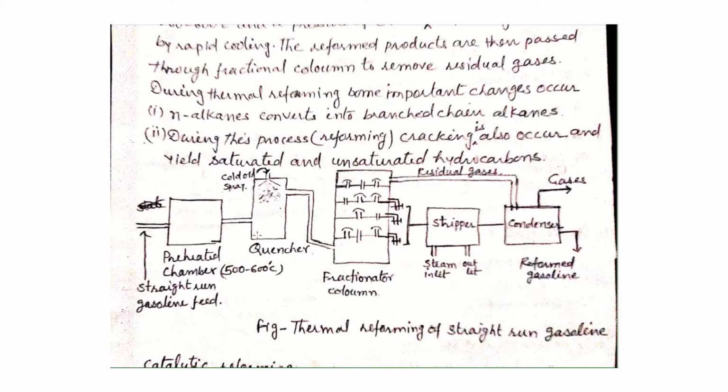That cold oil cools them down, and then in the fractionating column the residual gas and small molecular weight hydrocarbons go to the condenser, where gas and gasoline can be recovered. The middle and heavy oil fractions again pass into a stripper where steam is passed, they vaporize again, and the stripper is connected to a condenser, and we get gas and reformed gasoline.